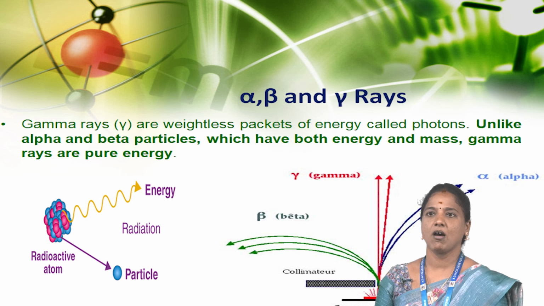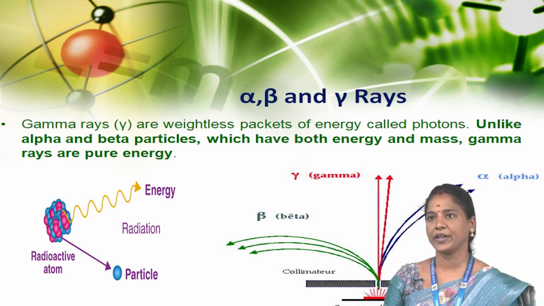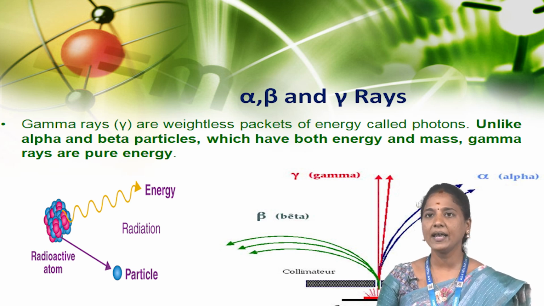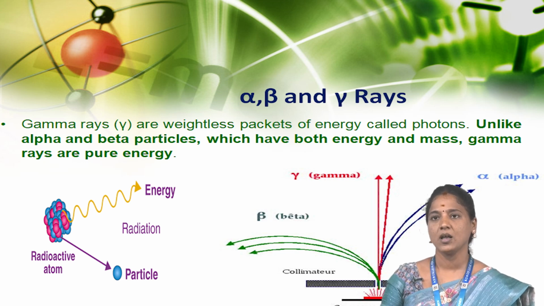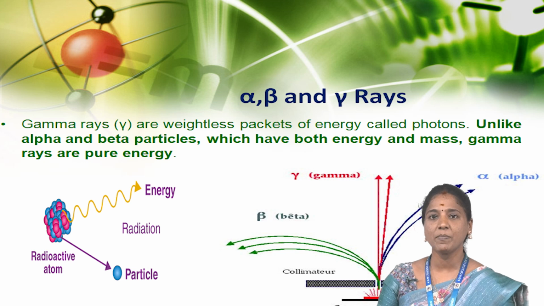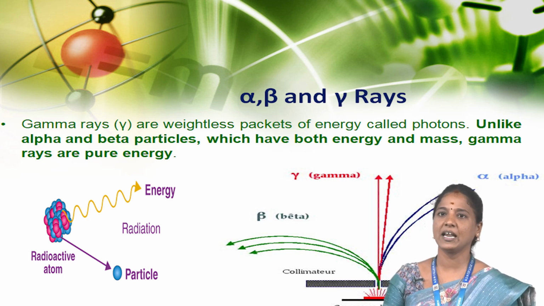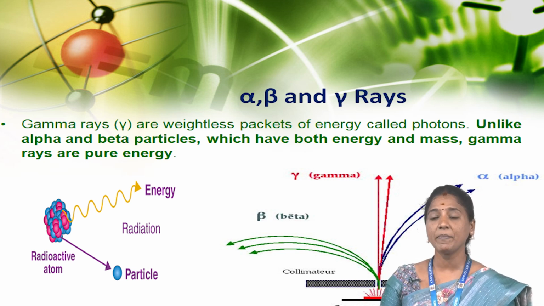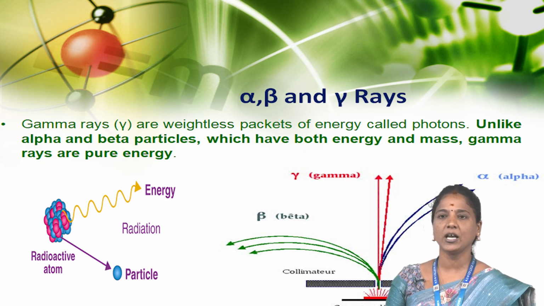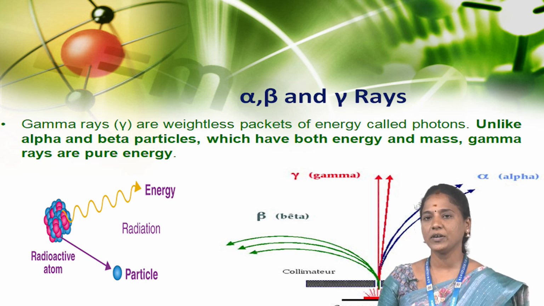Gamma rays are weightless packets of energy called photons. Unlike alpha and beta particles, which have both energy and mass, gamma rays are pure energy. Gamma rays are similar to visible light but have much higher energy. Gamma rays are often emitted along with alpha or beta particles during radioactive decay.